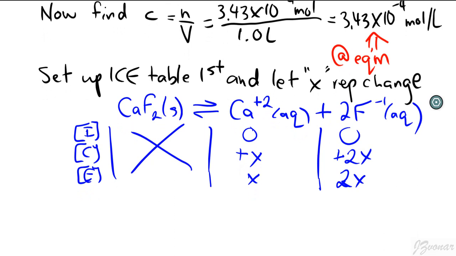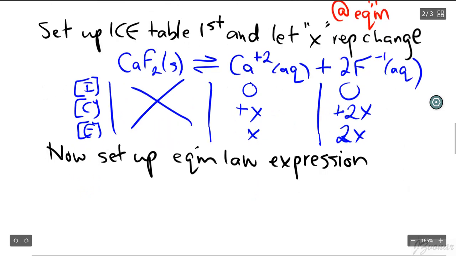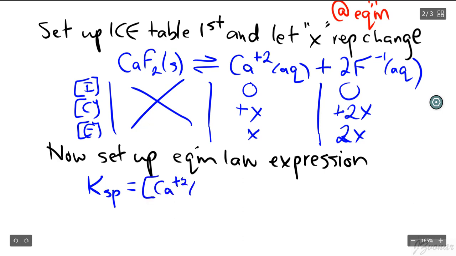Now we're going to set up our equilibrium law expression. So Ksp is equal to the concentration of my calcium ions and my fluoride ions to the power 2.